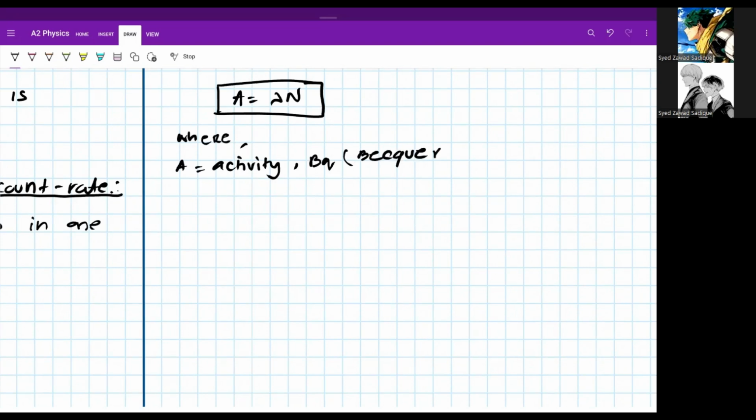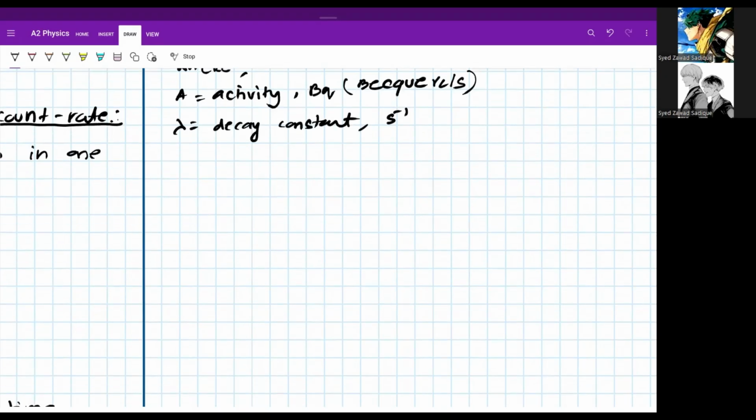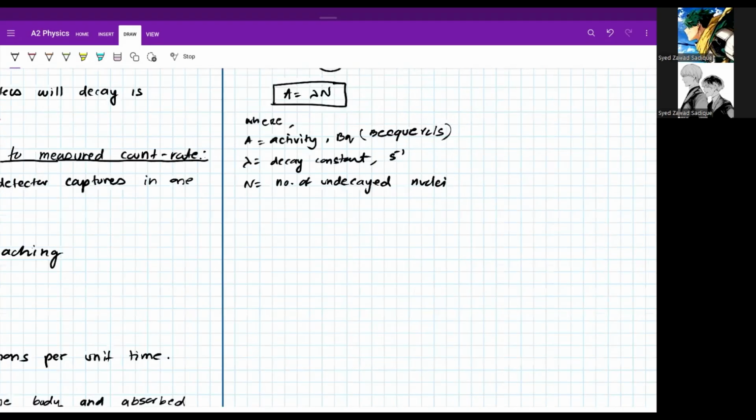Becquerels. Lambda is the decay constant, and its unit is per second. And finally, N is the number of undecayed nuclei.